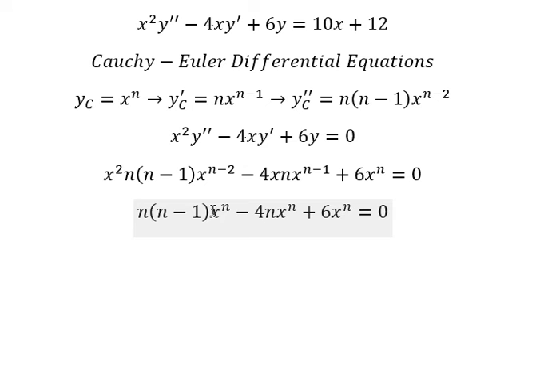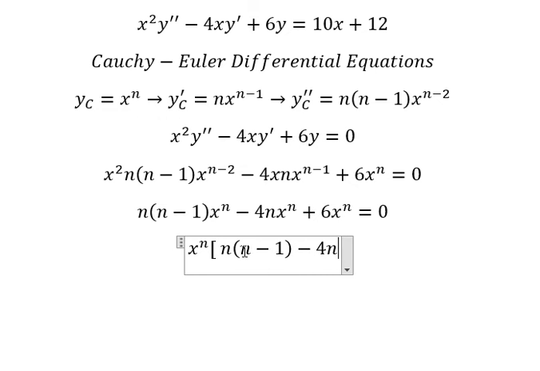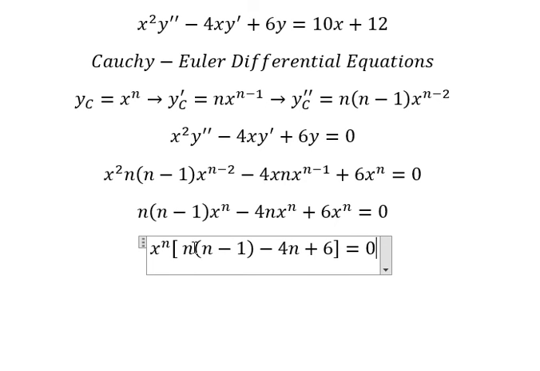Next, we can do factorization by s to the power of n. So we have n multiplied by (n minus 1) minus 4n plus 6 equals 0. So we just concentrate on this one only.